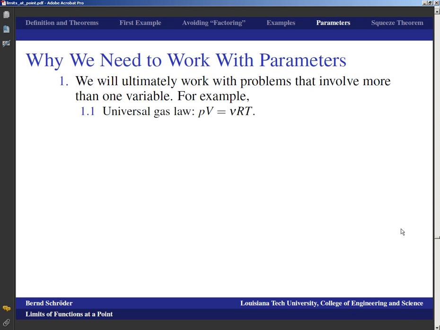For example, the universal gas law that you may have seen right now in a parallel physics or chemistry class is pressure times volume is equal to molarity times universal gas constant times temperature. That's 5 variables right there. So if we just play with y equals f of x and only deal with 2 variables, we're really not doing ourselves a favor, because ultimately as we apply this stuff, we need a lot more variables.